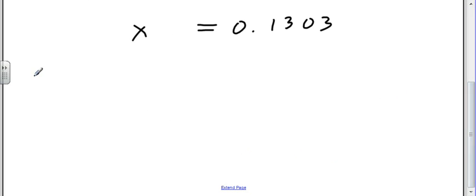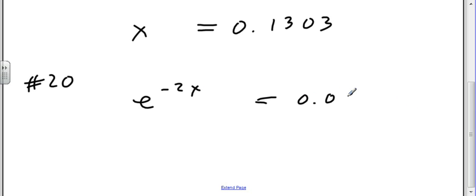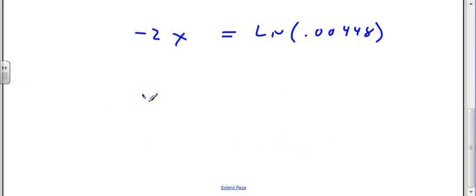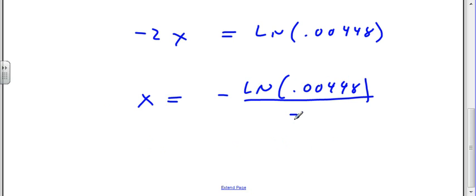Now we'll look at 20. E to the minus 2x equals 0.00448. If we take the natural log of both sides, we end up with minus 2x is natural log 0.00448, and x is minus natural log 0.00448 divided by 2.